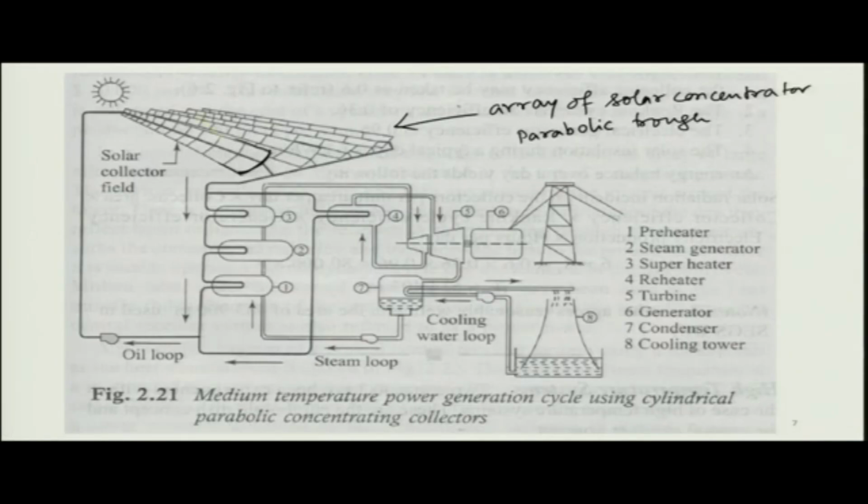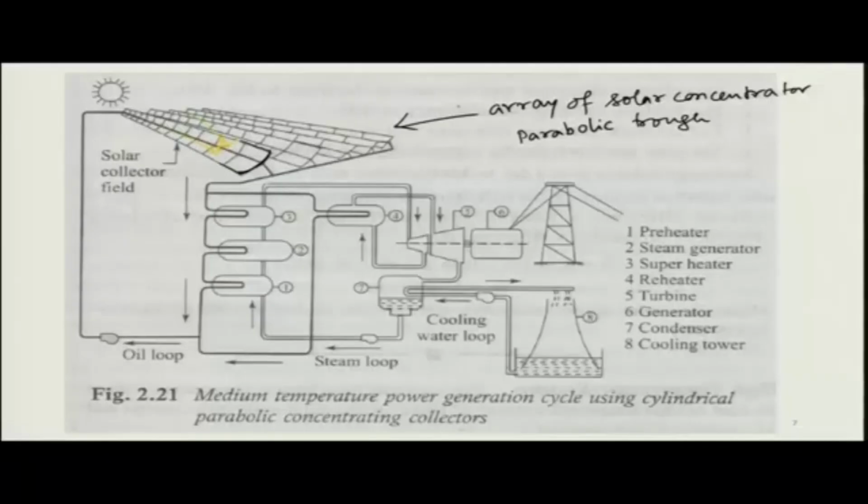Whenever the sun rays fall on that, all of them are directed to this pipe at the focal point. If you place a pipe and run fluid through it, that concentrated sunlight will heat up the pipe and the fluid inside it.